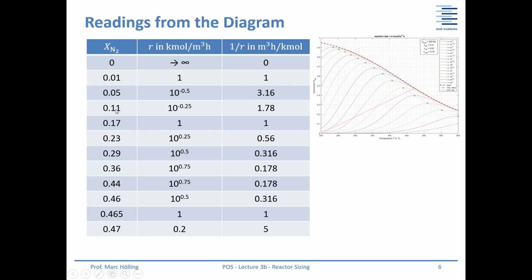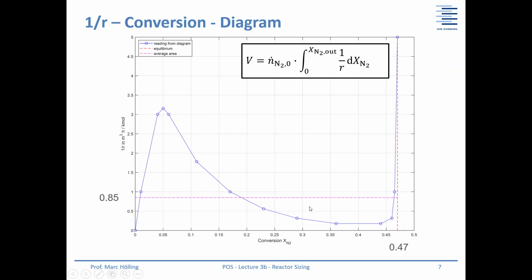So if we say, okay, our reaction rate is maybe here, 10 to the power of 0.5, then you can calculate it, invert it, and then you get an inverted reaction rate of 0.316. And this you can put in a diagram, and then you have your 1 over R on the y-axis, and your conversion on the x-axis.